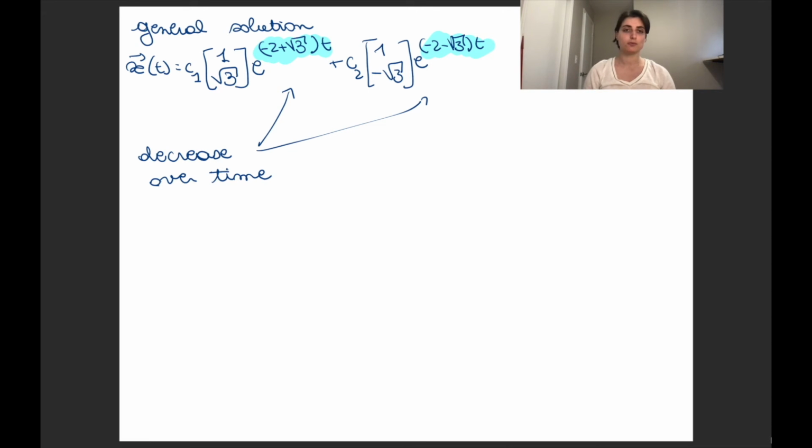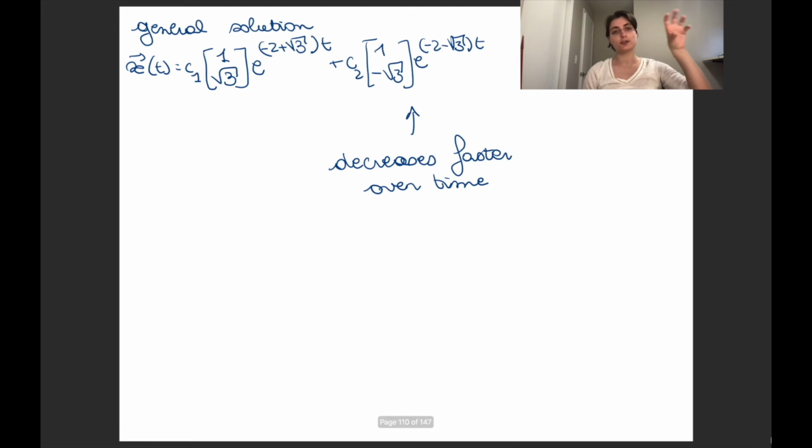But as before, one direction goes at a different speed than the other. In particular, the first exponential, minus 2 plus square root of 3, is just barely negative, while the second eigenvalue, minus 2 minus square root of 3, is bigger in absolute value. So this one decreases faster over time.